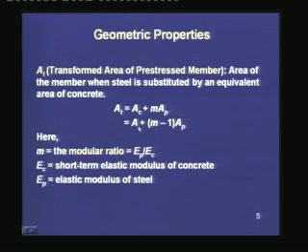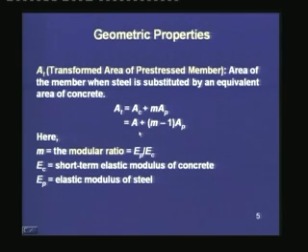If we substitute back the expression of the total area, then the transformed area is given as the total area plus the modular ratio minus 1 times AP. The modular ratio is defined as the ratio of the elastic modulus of the prestressing steel divided by the elastic modulus of the concrete.